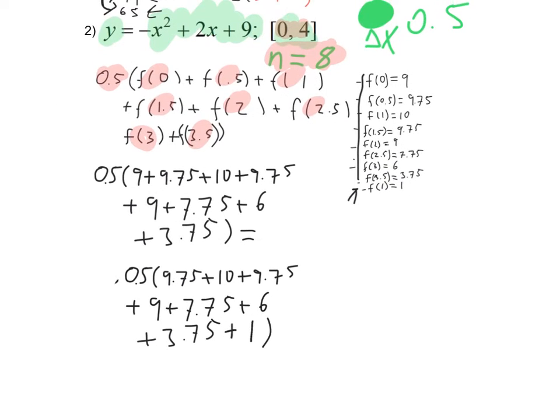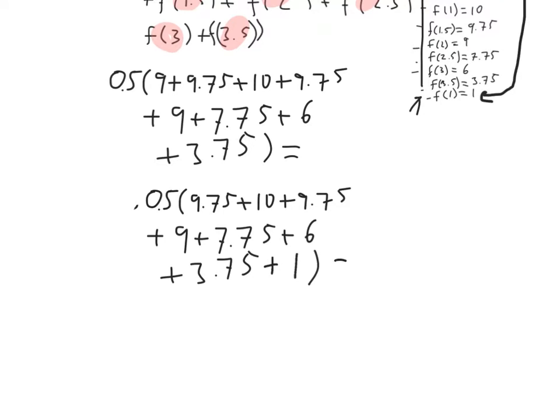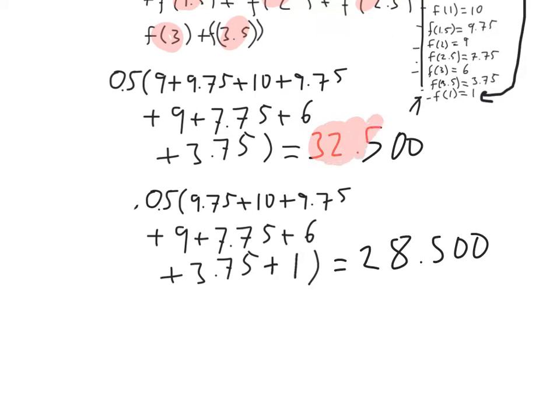For the right one, we would skip the first one and go all the way down to this one, and that will be your right value. We're going to get that as well. So let's do that. Alrighty, I've just done the math, so you should end up with 32.500 and 28.500. So this would have been your left one, and that's your right Riemann sum.